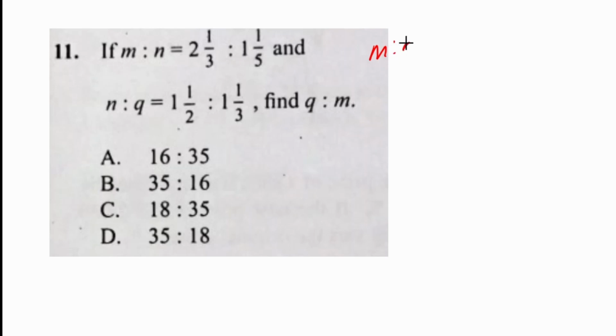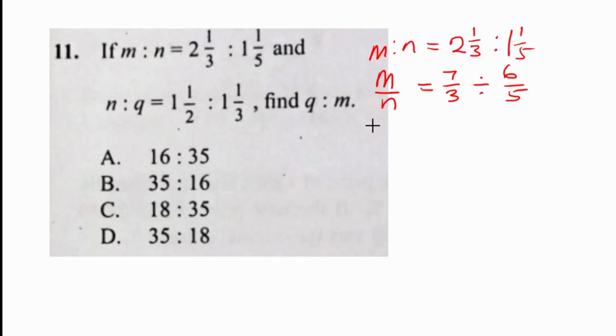M to n equals 2 whole 1/3 to 1 whole 1/5. Right. Ratio is the same as division, so this can be written as m over n being equal to 2 whole 1/3, which is the same as 7 over 3 divided by 6 over 5, and this is the same as 7 over 3 times 5 over 6.